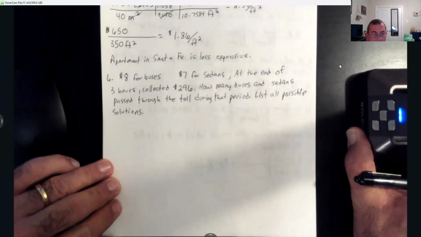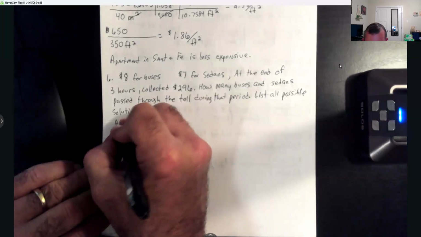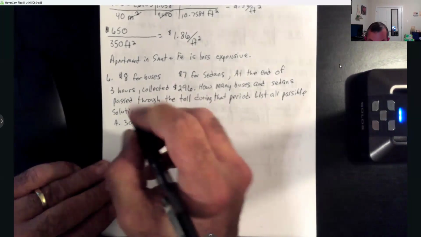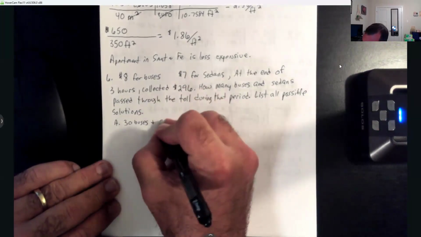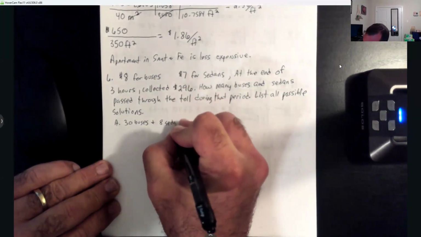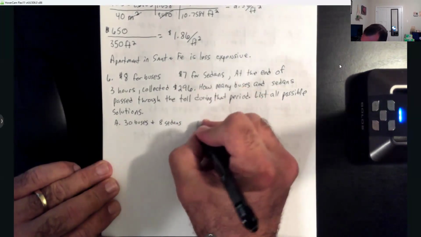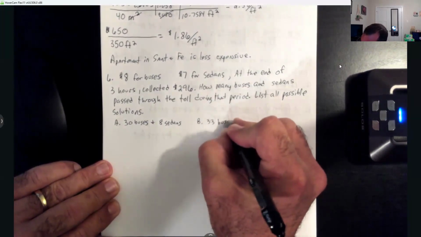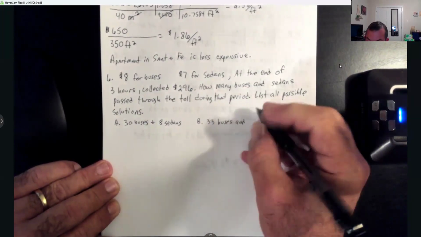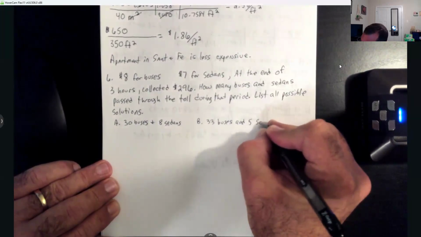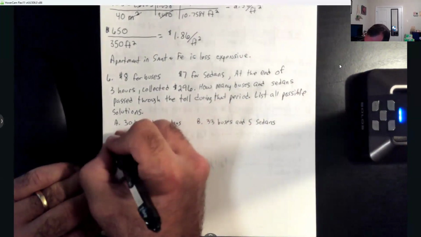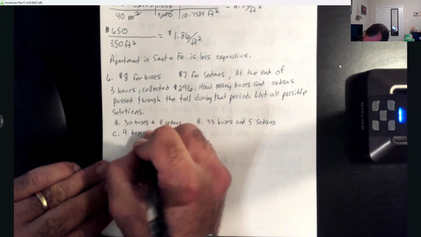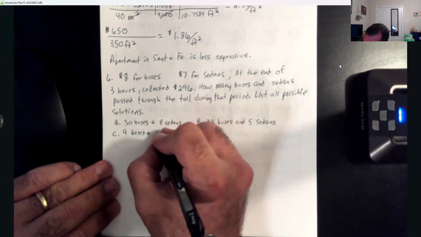Okay, so let's see. A is 30 buses and 8 sedans. B is 33 buses and 5 sedans. C is 9 buses and 32 sedans.